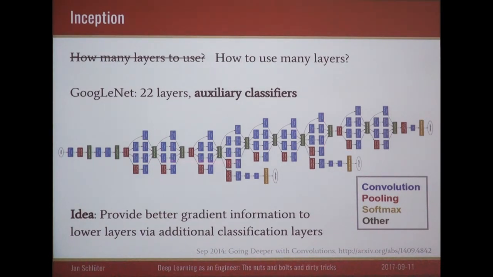So the problem is, even if you initialize all the weights nicely, it's still a long way to go to get the direction we want to change the output through all of the network. So what they did is they added some additional branches here that are also trained to predict the correct target. So we have some gradient coming from here and from here and from here.